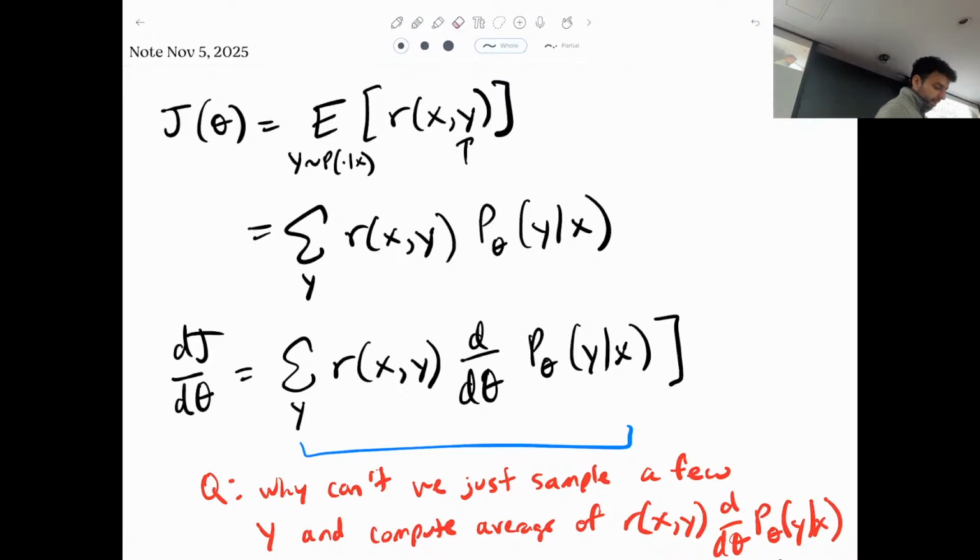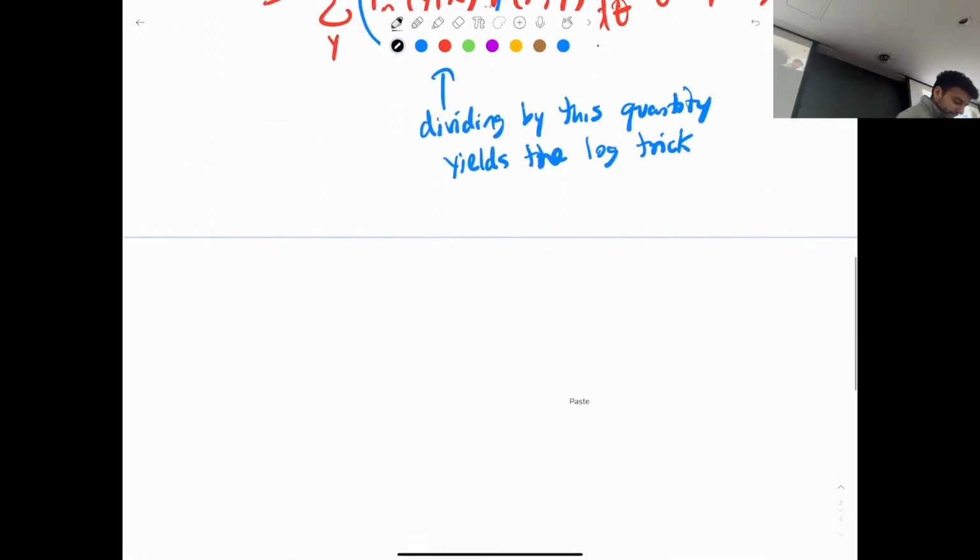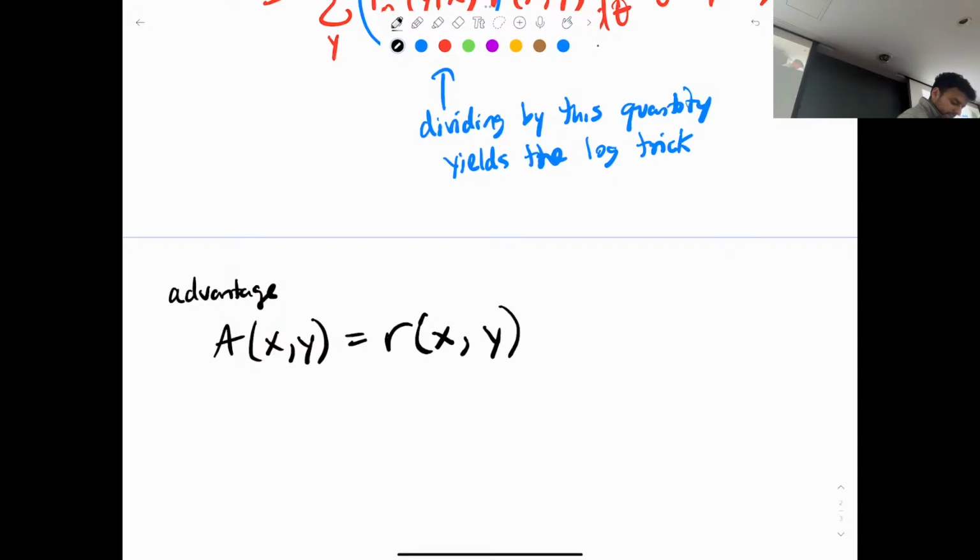Okay, so let me just rewrite another thing that we talked about from the last class, which is the advantage A(y), which we saw was this reward term minus a baseline quantity, right?